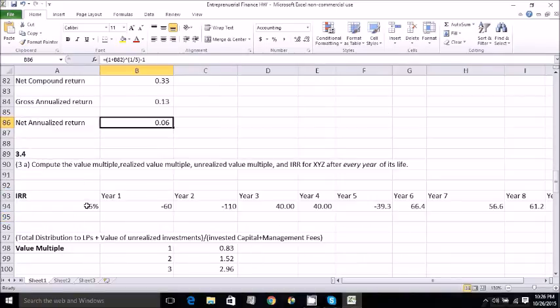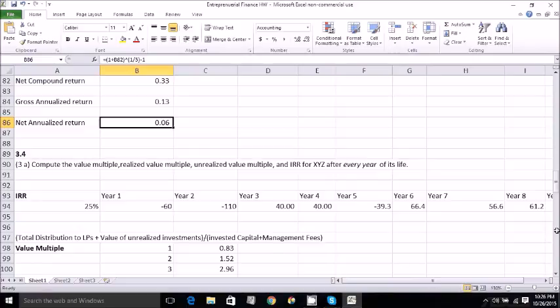For question 3.4, I'm asked to compute the value multiple, realized value multiple, unrealized value multiple, and the IRR for XYZ after every year of its life. Based on my calculations here, the IRR amounts to 25%. Let me just scroll across here.